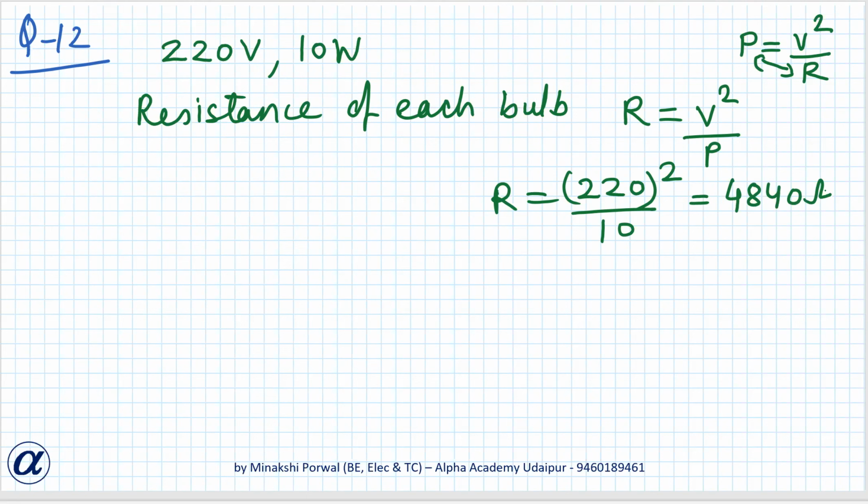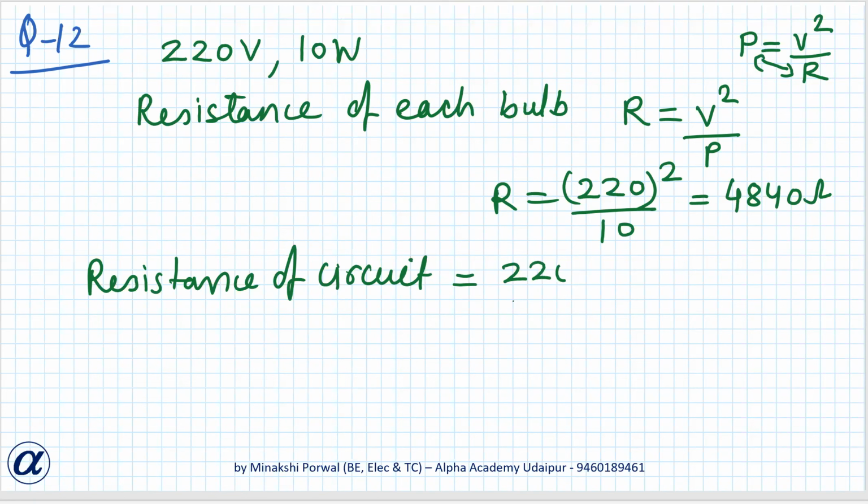Now we will find the resistance of the line, or the resistance of the circuit. The given potential difference is 220 volt and the current is 5 amperes through the circuit, so it is 44 ohms. Basically, we have to find how many bulbs of 4840 ohm should be connected so that we obtain 44 ohm resistance.